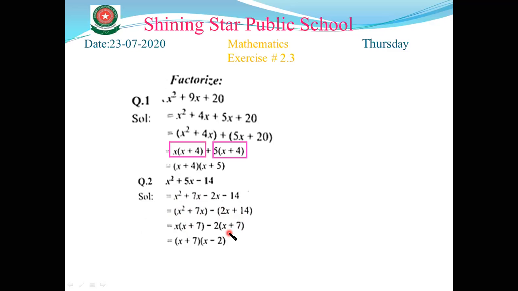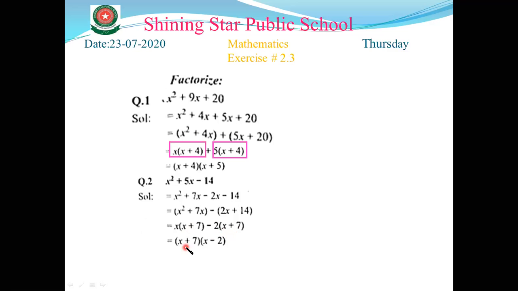In these questions, we must make the brackets the same. If in one bracket we have x plus 7, then in the second bracket we must also get x plus 7. If we don't have x plus 7, it means our question will be wrong. So that's why both brackets must be the same.